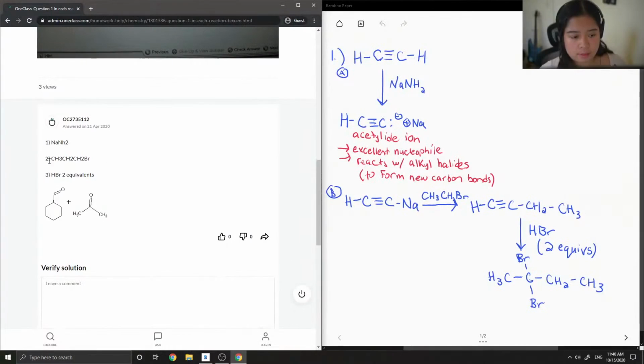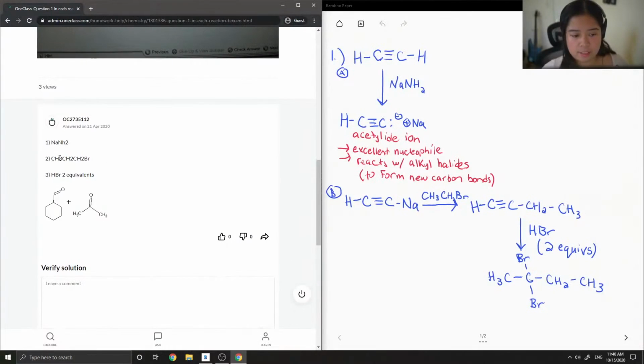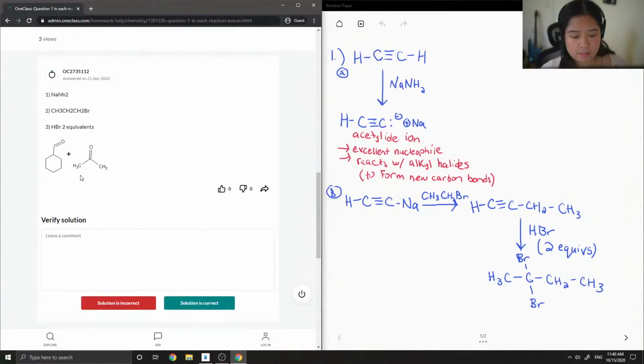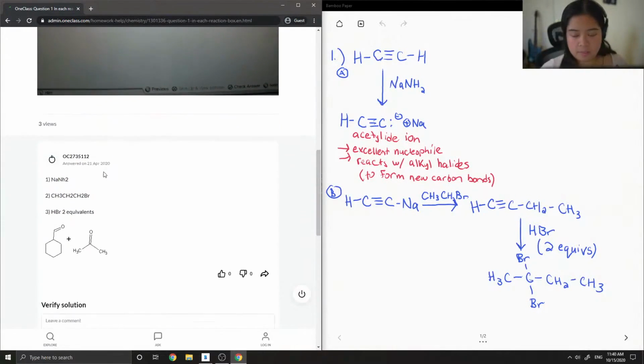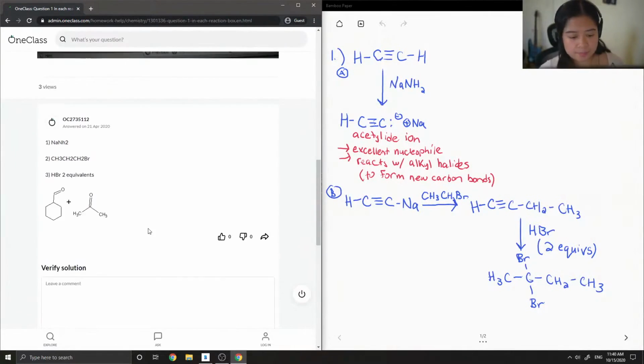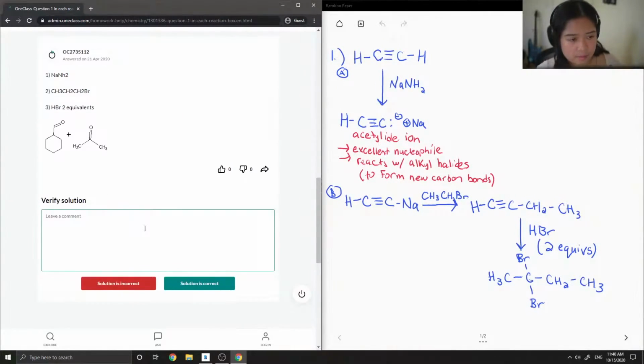So the second one should just read CH3CH2Br, but the HBr 2 equivalents is correct. And it doesn't look like they answered question number 2, so I'm just going to write it in.